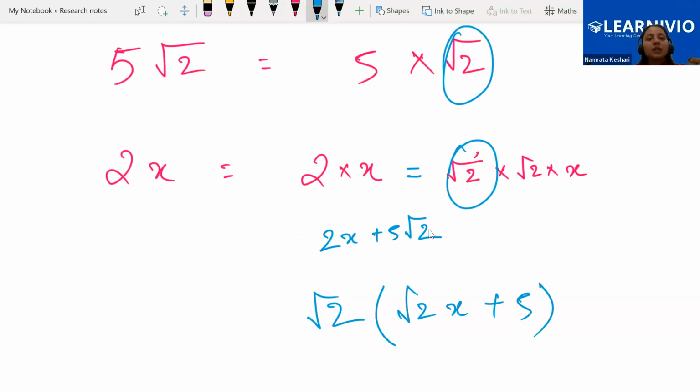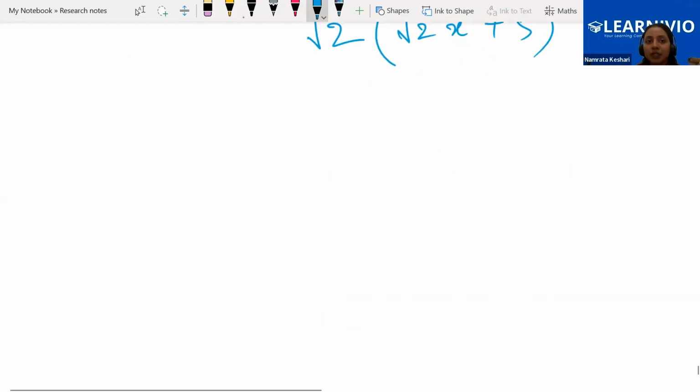Okay. Similarly, if you understood this one, let me introduce one more scenario. Suppose you have 6x square and suppose you have root 3x.